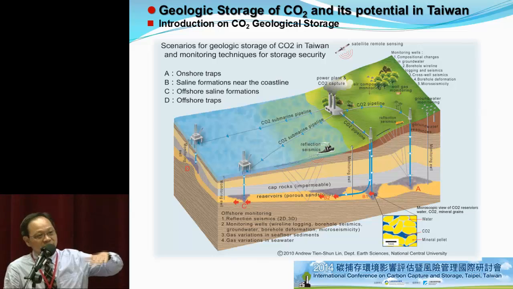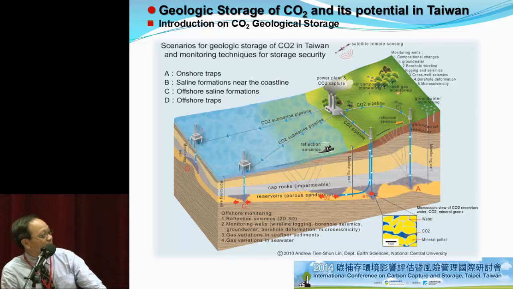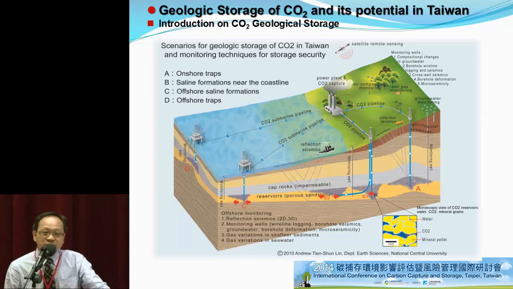They are gently dipping toward the east, as the diagram shows, because of the weight of the Taiwan mountain, at around 1 to 5 degrees. So in this case, if we inject CO2 in the subsurface reservoir, kept by a very thick seal rock, then the CO2 would migrate toward the west beneath the Taiwan Strait.